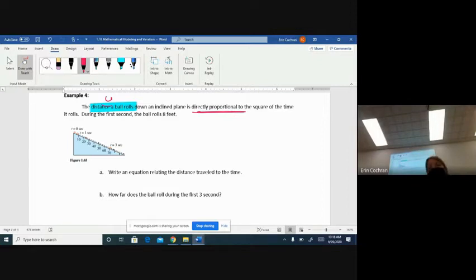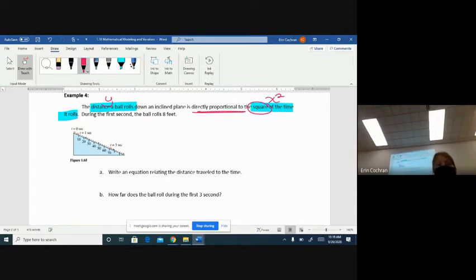Now, the square of the time it rolls would be what? My x, but now it's a square, so x squared. That's how we know it's direct proportional to the nth power, because it said the square of the time.